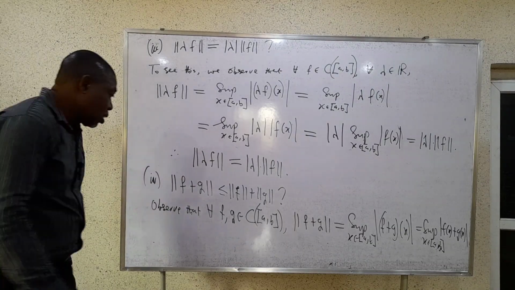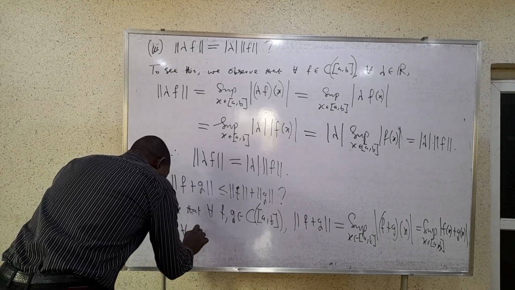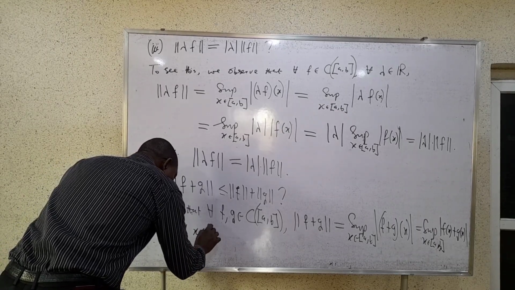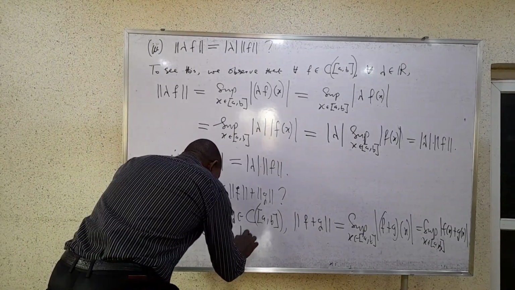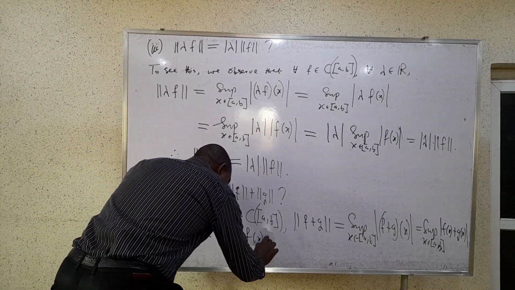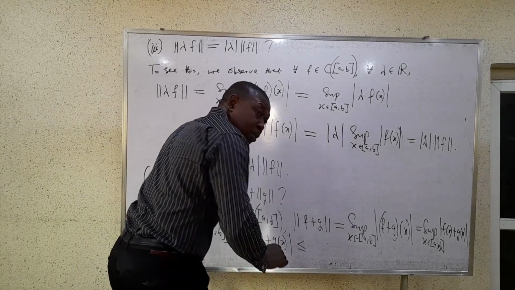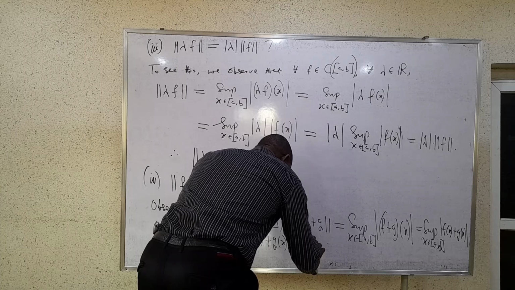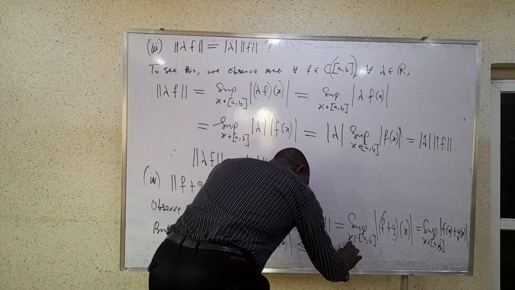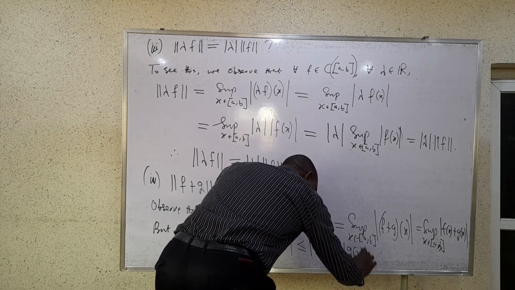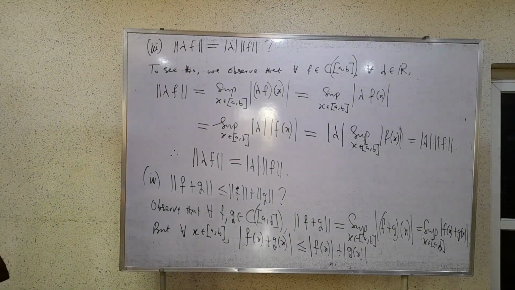But we know that for any x we pick in [a,b], absolute value of f of x plus g of x is less than or equal to absolute value of f of x plus absolute value of g of x. We know this. Yes, that's the triangle inequality of absolute value.